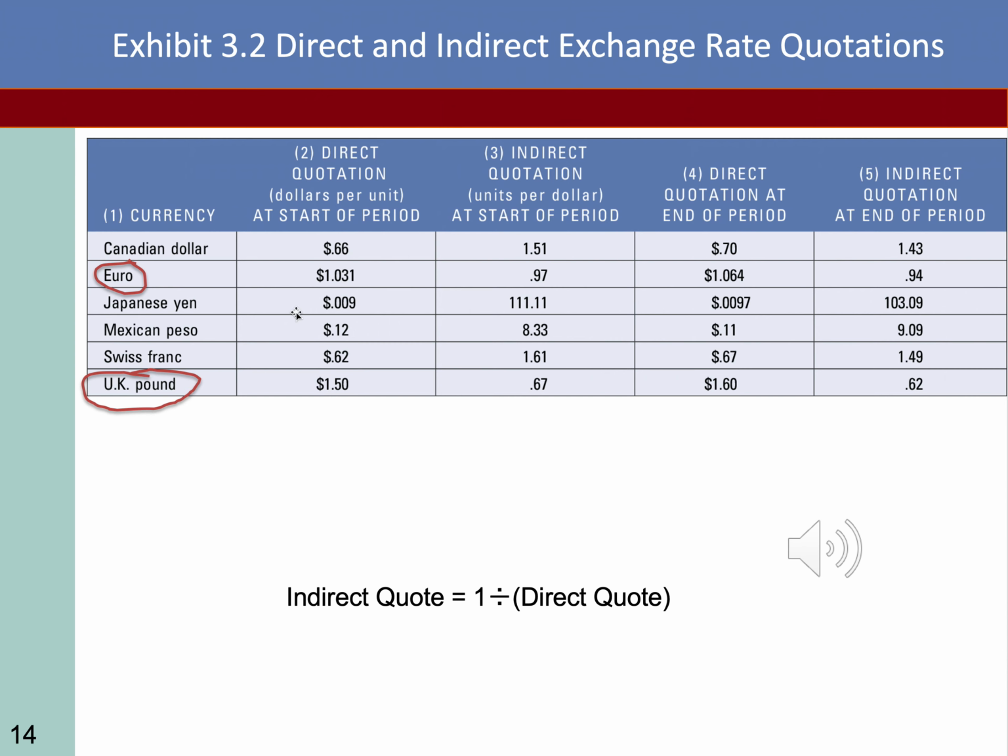Now, finally, let's look at the Canadian dollar. The Canadian dollar in this case begins at 0.66 and ends at 0.70. This is a direct quote, right? So the Canadian dollar is appreciating. The banana price is going up, right? But the Canadian dollar is usually quoted indirectly: 1.51 ending with 1.43.